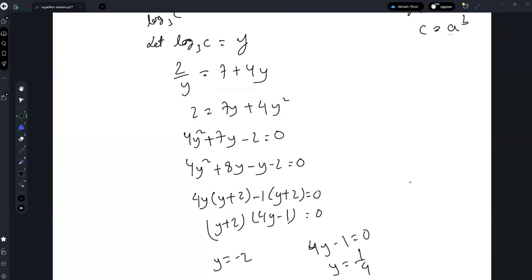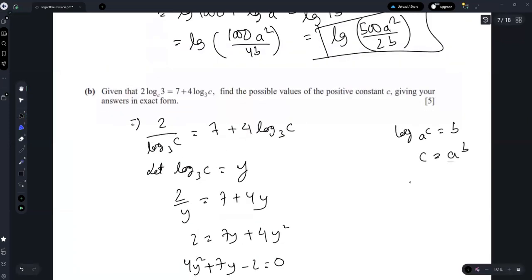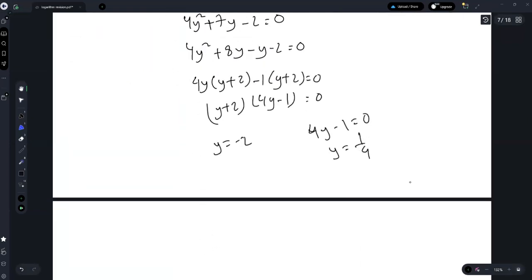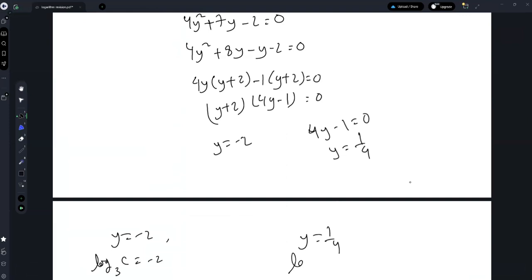But here's another thing. You should be able to realize that I have this thing equals that. So y equals minus 2 or y equals 1/4. So log base 3 of c equals minus 2, or log base 3 of c equals 1/4.